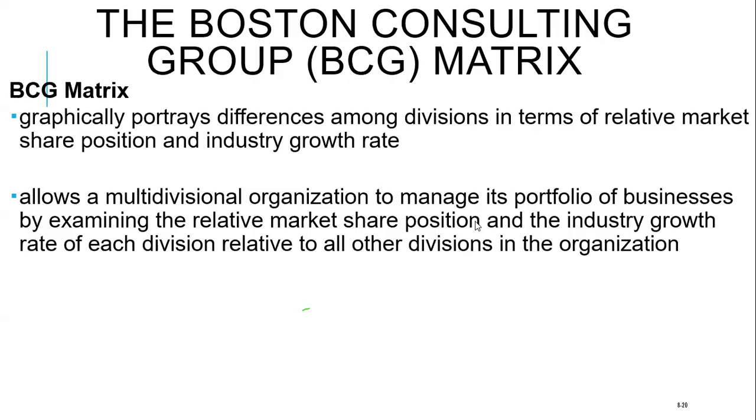So if a firm has a low relative market share, but a high growth potential, that alone will characterize a particular product or division for the organization. And depending on how they do these combinations and alignments, they end up having four main types of products for an organization.